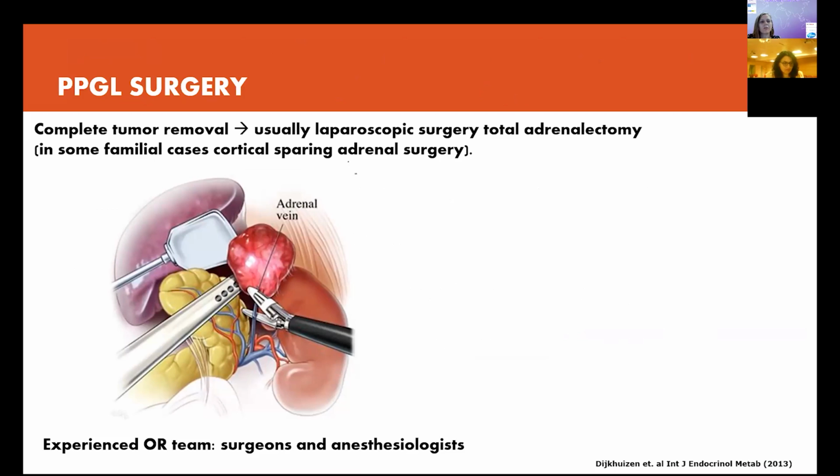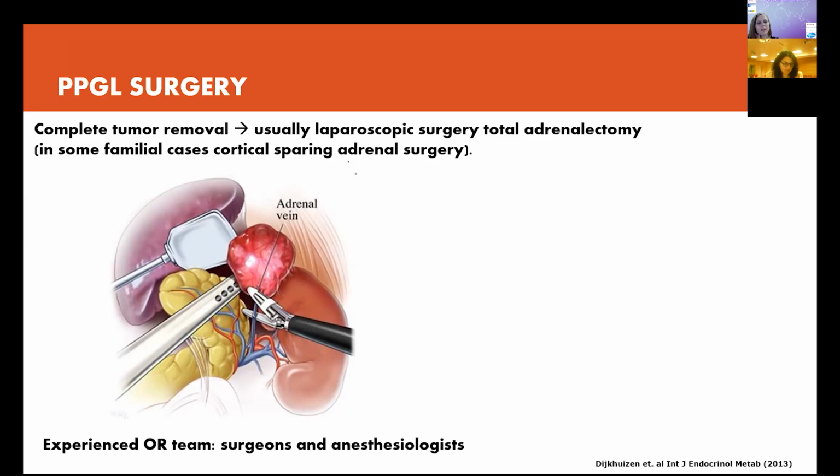The surgery usually involves laparoscopic total adrenalectomy. In some cases, in familial cases such as VHL syndrome, we usually prefer cortical sparing adrenal surgery because of the higher incidence of bilateral PHEOs.